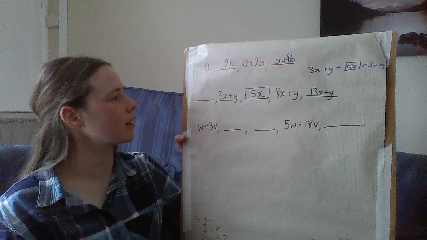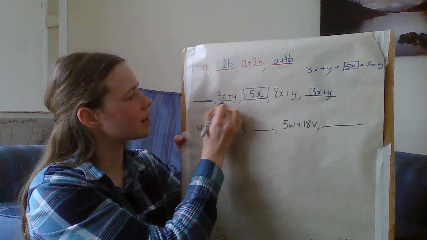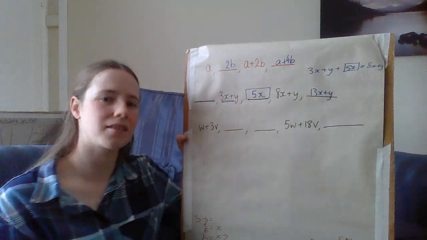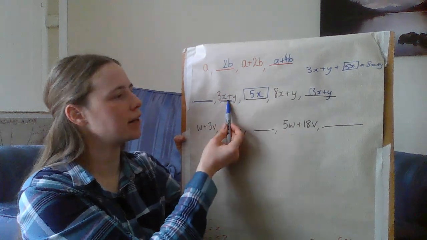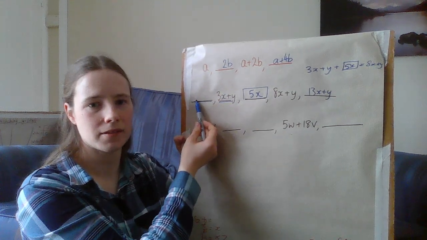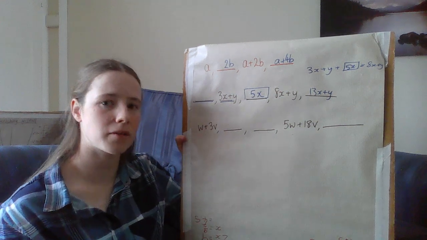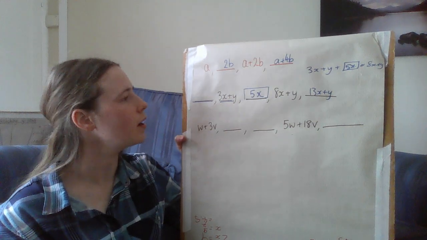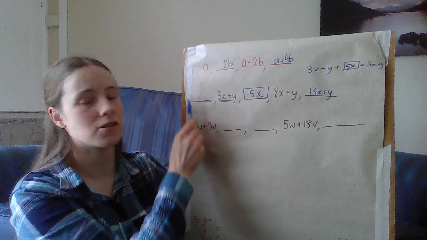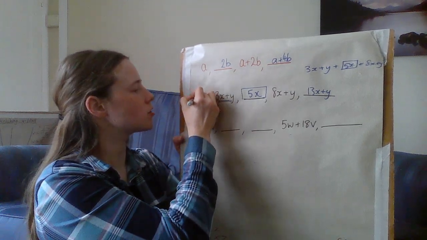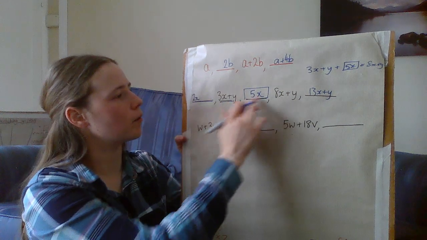Now I have to think this plus this makes me this, okay? Or in other words, this minus this makes me this. So whichever way of doing it you prefer is fine. Thinking about the x's first of all, 5x minus 3x is 2x. So I know I'm going to need a 2x here so that the x part works.